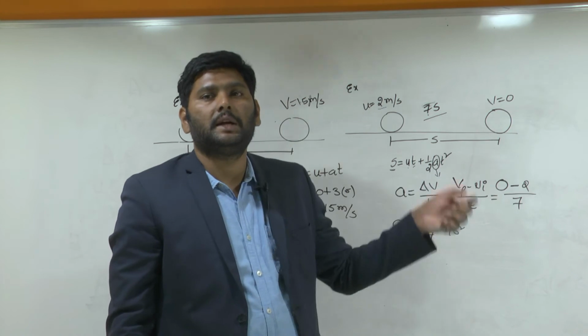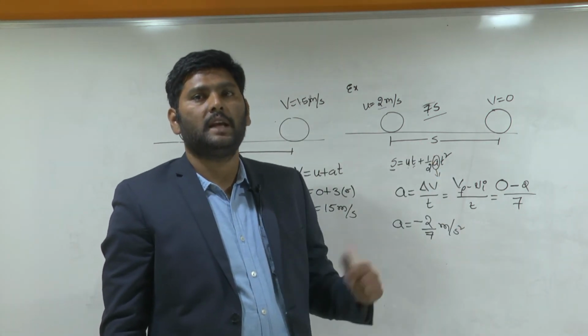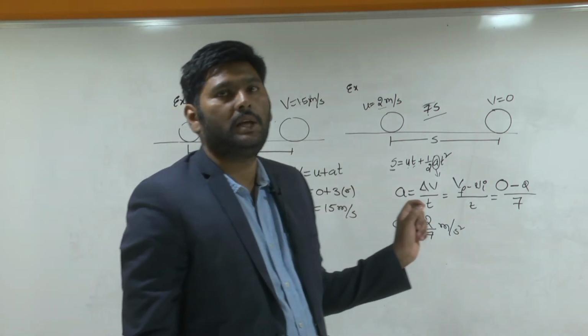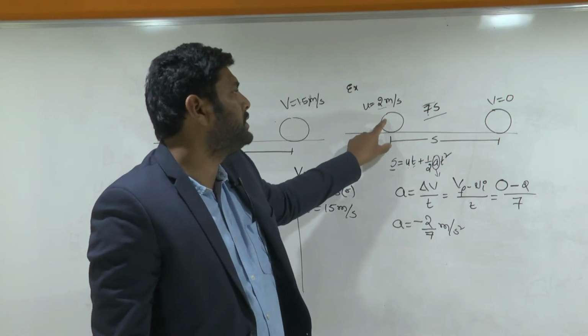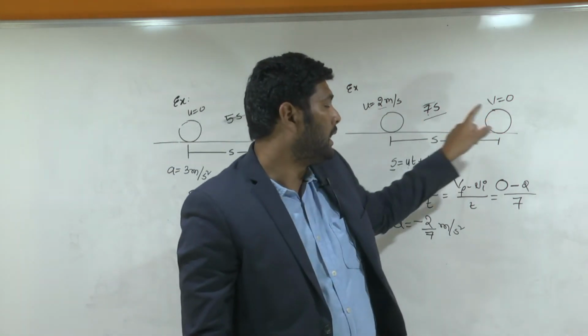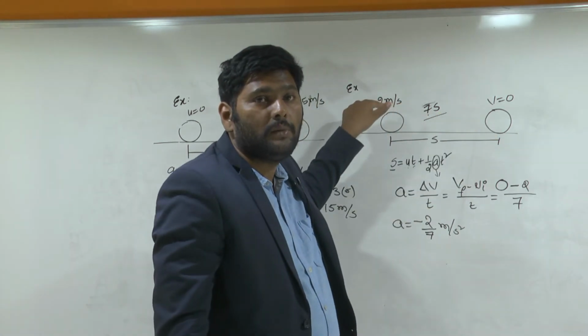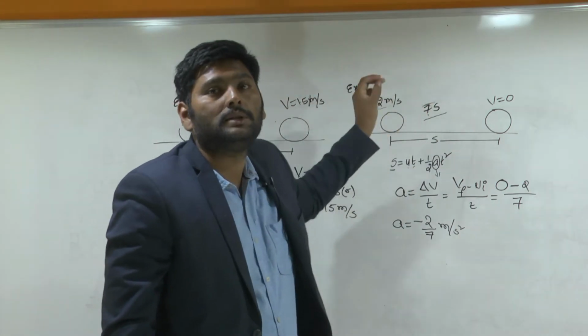When an object undergoes deceleration, its velocity decreases. In the same way, when the object undergoes acceleration, its velocity increases. See here in this situation, the object velocity is decreasing to 0, which means that it is undergoing deceleration.